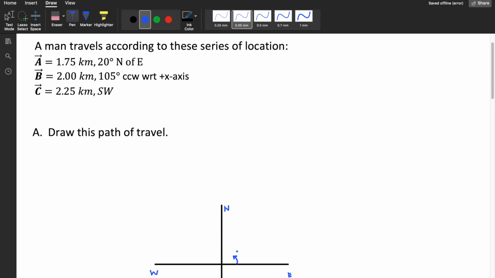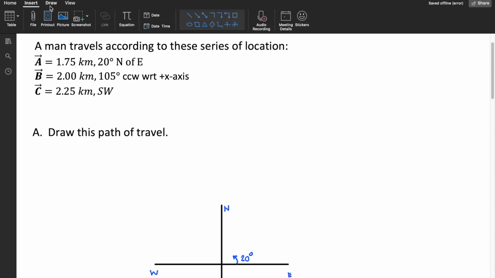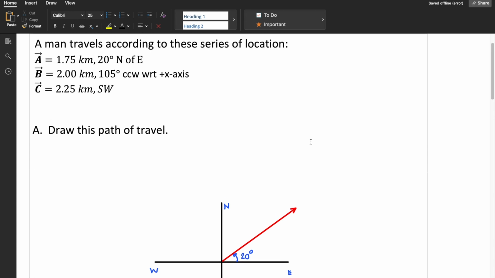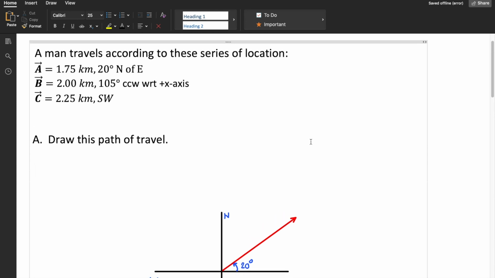I'll label this one as 20 degrees north of east, and its magnitude will be 1.75 kilometers.